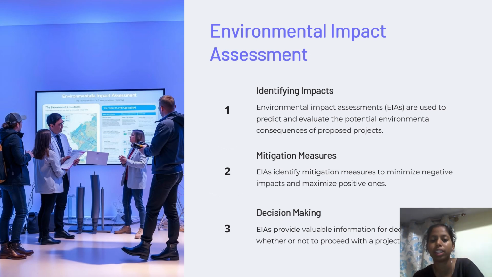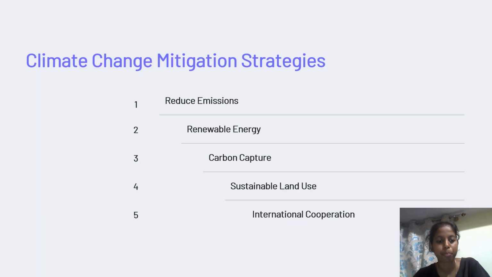The second is mitigation measures. By that project, we should measure the benefits, pros and cons to the environment. And third is decision making. After measuring the advantages and disadvantages of that project, the decision should be made whether the project should proceed or be rejected in that environment.